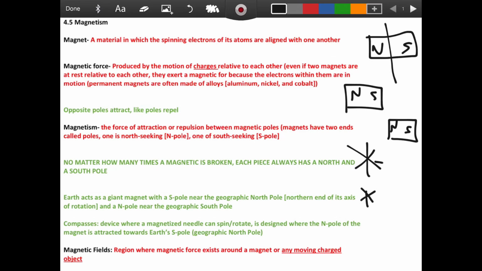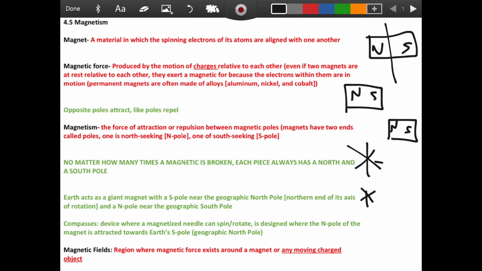So compasses, they're a device where the magnetized needle can spin, rotate, move around, and it is designed where the north pole of the magnet is always attracted towards the Earth's magnetic south pole. So compasses always point north because they're pointing towards Earth's magnetic south pole, which is the geographic north direction.